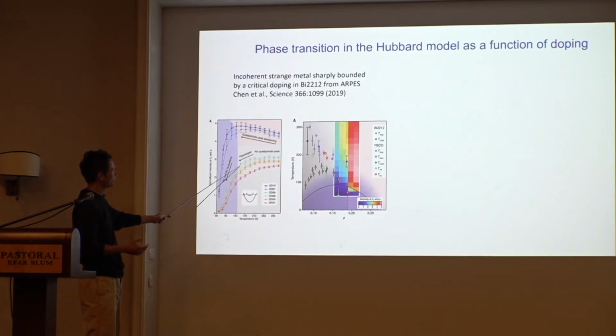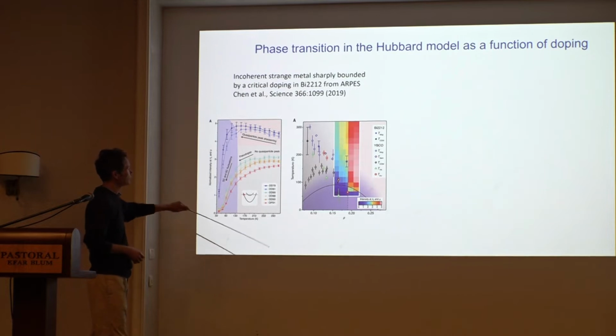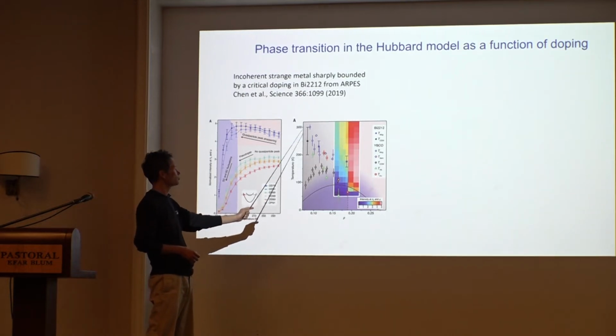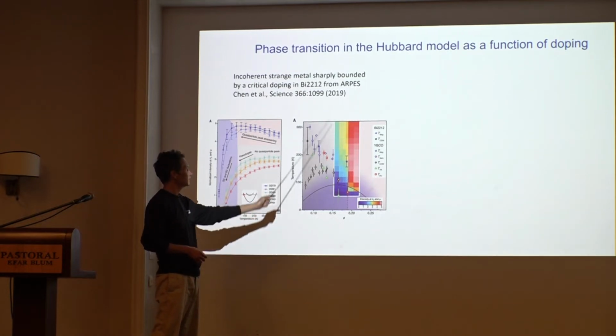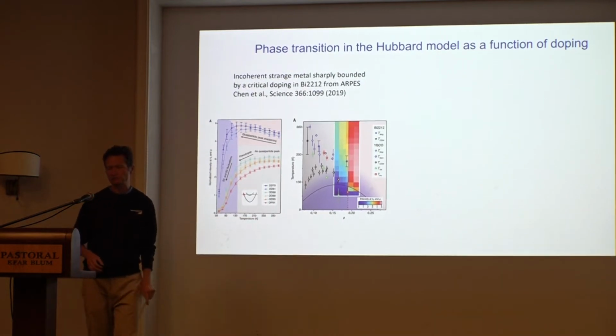It's kind of the opposite of what we expect from a usual Fermi liquid. With lowering temperature, we have quasi-particles which are defined worse than at high temperature, whereas when we go to overdoped, we recover conventional Fermi liquid-like behavior. This crossover from non-Fermi liquid to Fermi liquid appears to not depend on temperature. It just happens at a certain filling factor.